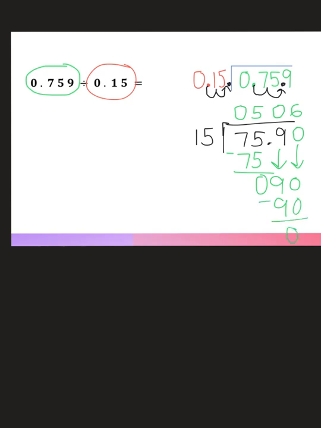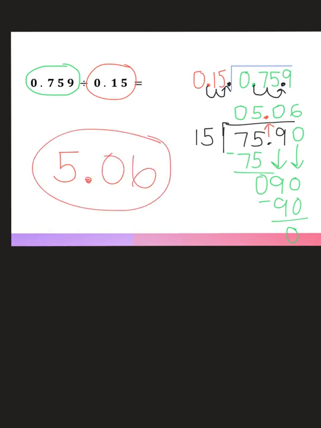If I'm left with 0, I know I'm done. Nothing else to bring down. Final step. Okay, your answer is not 506. You cannot forget to shoot that decimal through the roof, raise that roof, and our final answer would be 5 and 6/100, or 5.06.